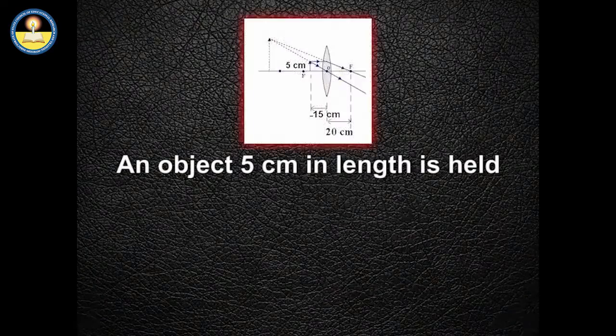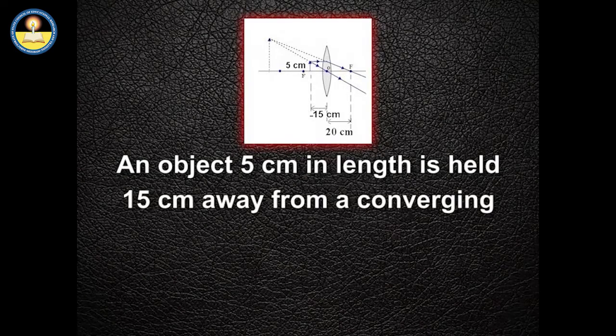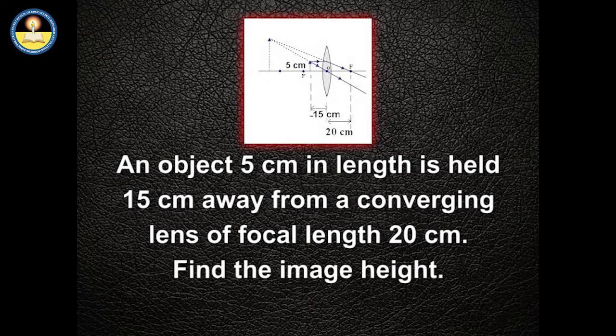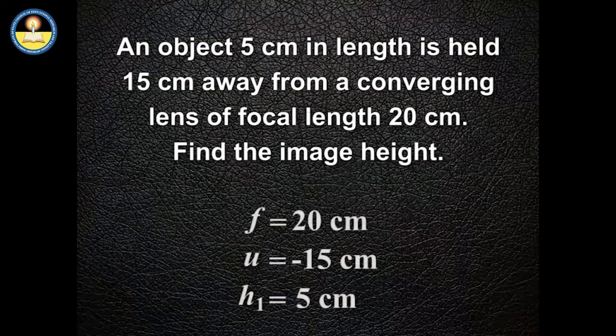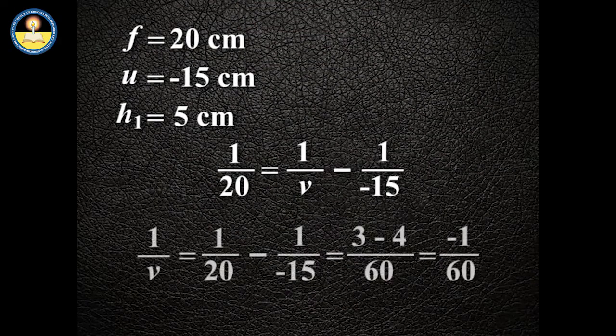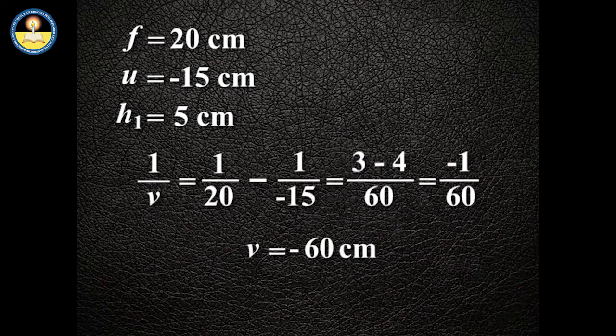An object 5 centimeters in length is held 15 centimeters away from a converging lens of focal length 20 centimeters. Find the image height. By using the lens formula, the image distance comes out to be minus 60 centimeters.